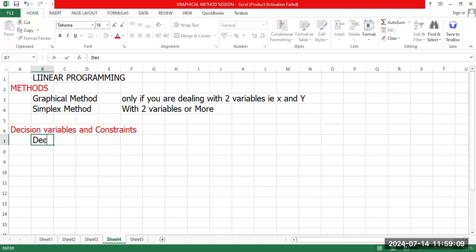Decision variables are basically the options available, or what is the focus for the company.